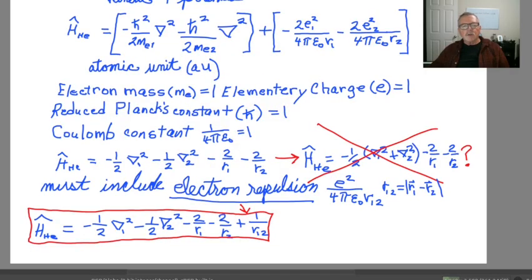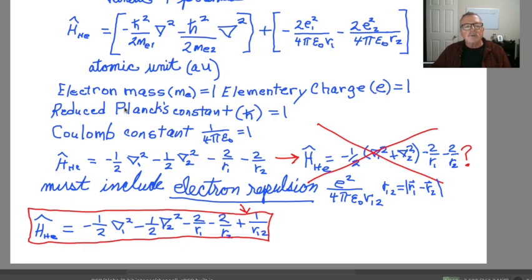Here's the Hamiltonian, and I'm going to put everything in atomic units. Atomic units make the presumption of the following. The electron mass is equal to 1, so the mass is all based on the electron. The elementary charge, the value of the charge, is equal to 1, which is the charge on a single electron.